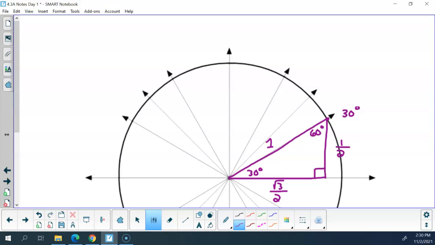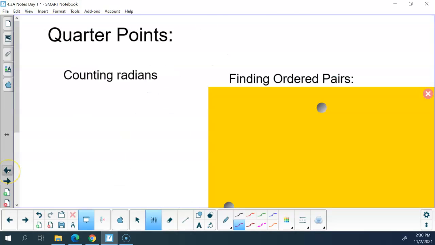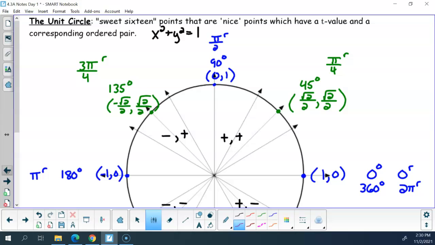So the coordinates of that point would be what? Bingo. So this point right here would have the coordinates square root of 3 over 2, comma, oops, I almost made it negative, comma, 1/2. And we said that that was 30 degrees.